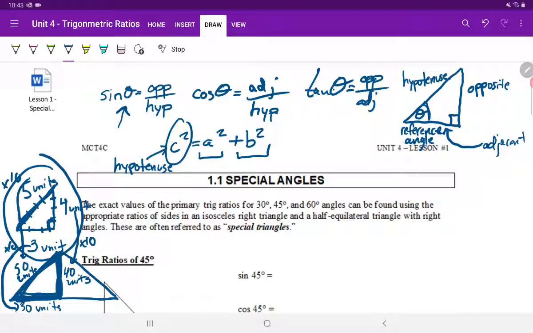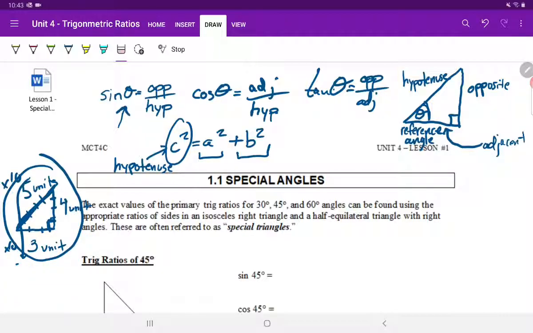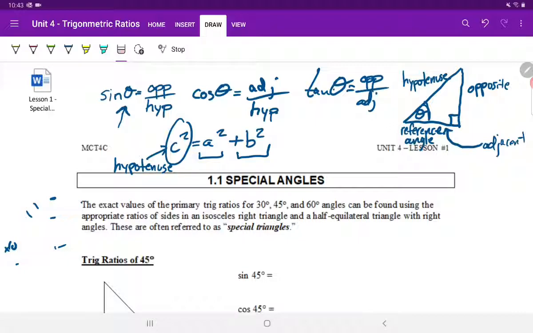Okay, so what we're going to be looking at, and I'll erase this just to give myself more space here, is this idea of these special triangles that have been used historically. And we're going to use what's known as exact values, meaning we're not going to be using our calculators.